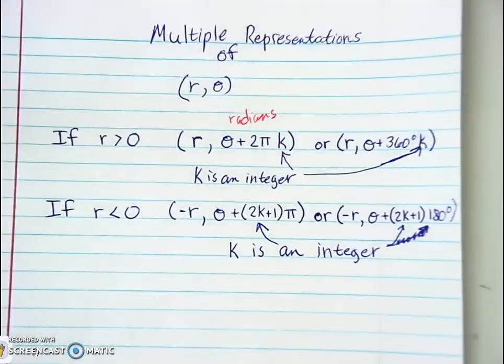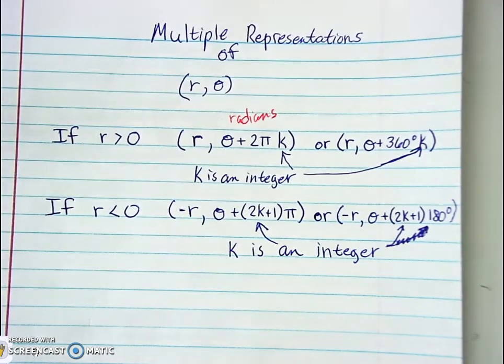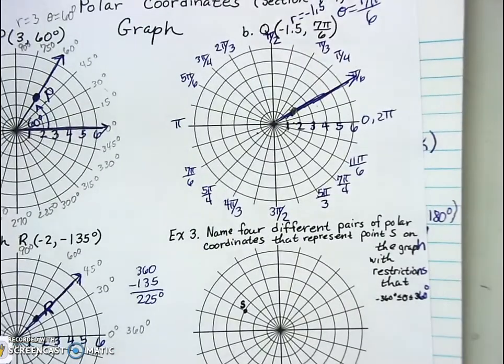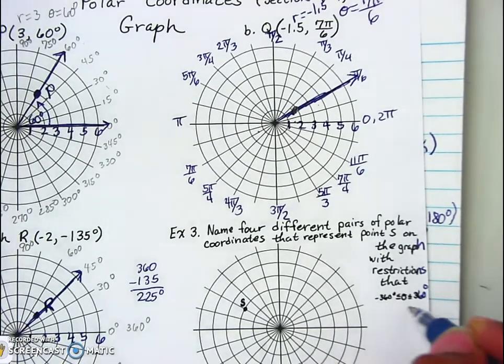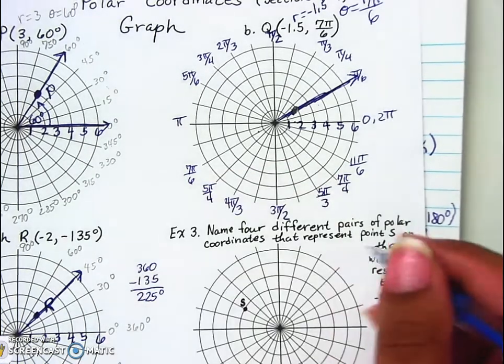Now, looking at example 3, that's going to add in our degrees, because we're talking about degrees between negative 360 and positive 360. So that means you're talking about degrees going around.